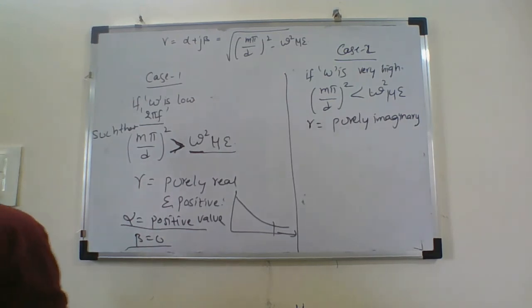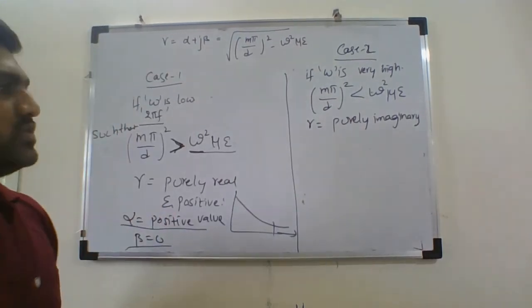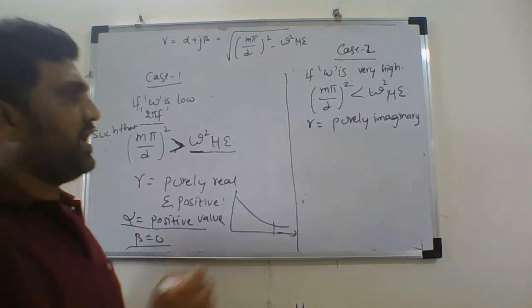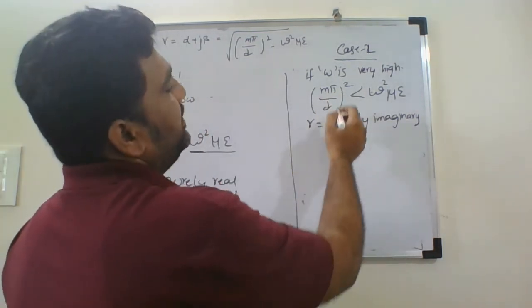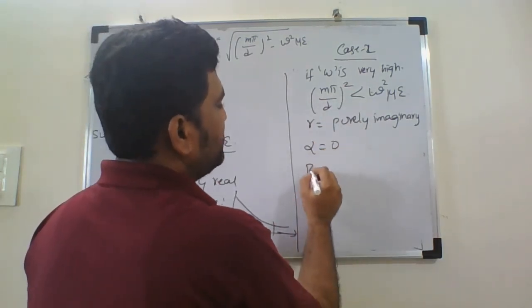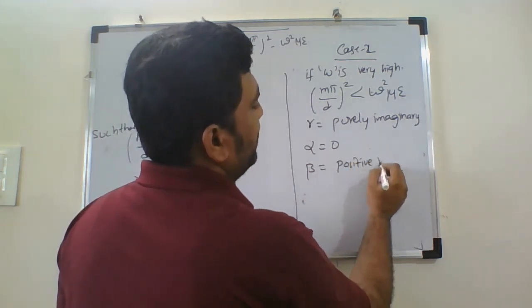So in this case gamma will be purely imaginary. So alpha will be 0, whereas beta will be some positive value.